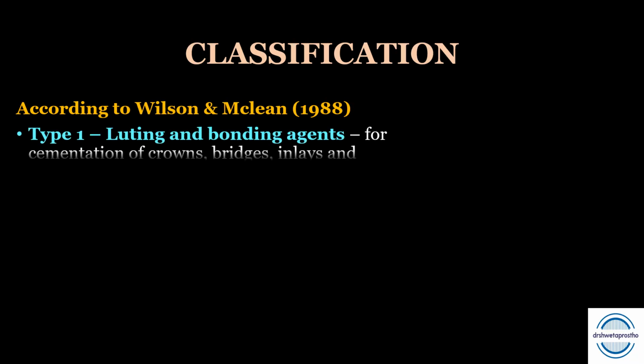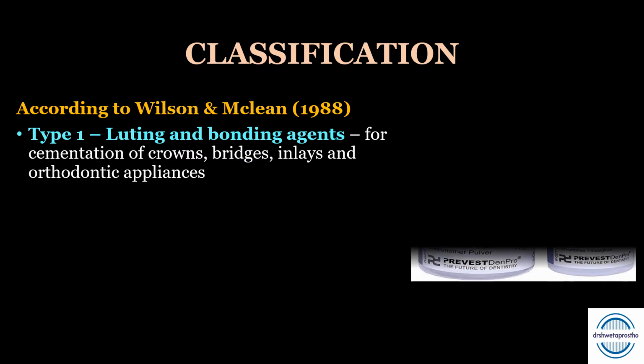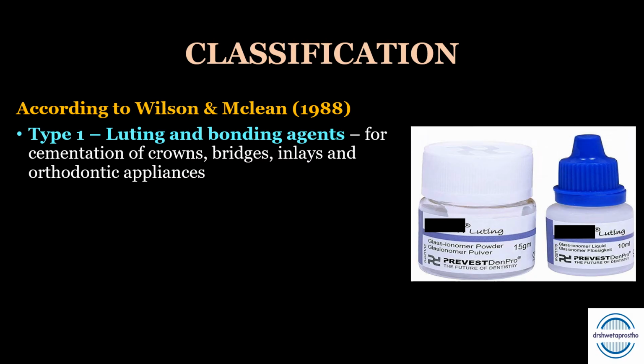Now we come to the classification of the glass ionomer cement. According to Wilson and McLean, it can be divided into three types. Type 1, luting and bonding agents. These are mainly used for cementation of crowns, bridges, inlays and orthodontic appliances. Type 2 are the restorative cements.